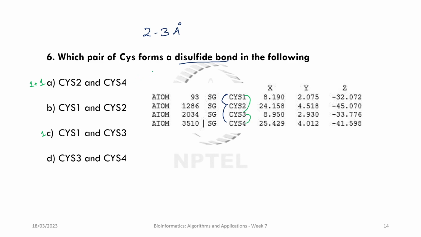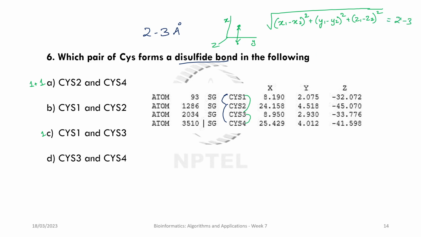So how do you calculate the distance? In three-dimensional space, if there are 2 points, how do you find the distance between these 2 points? And this has to give you an answer between 2 to 3.